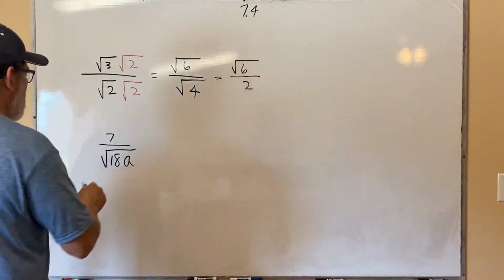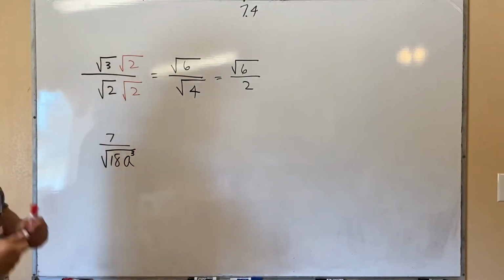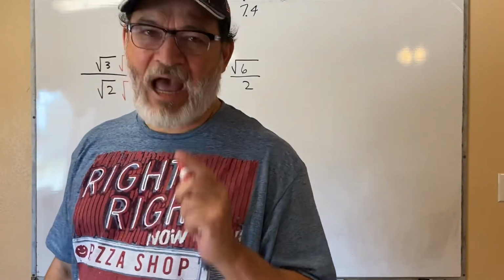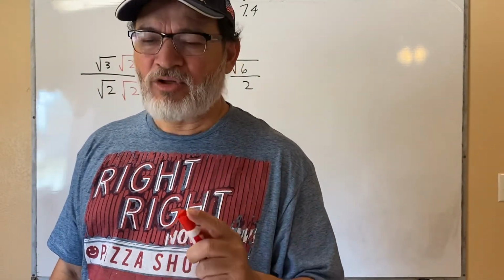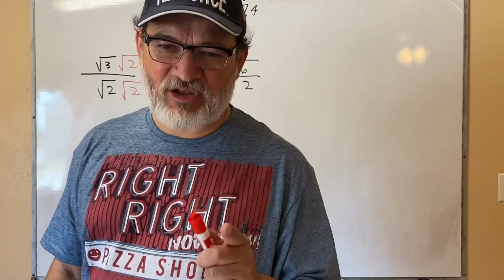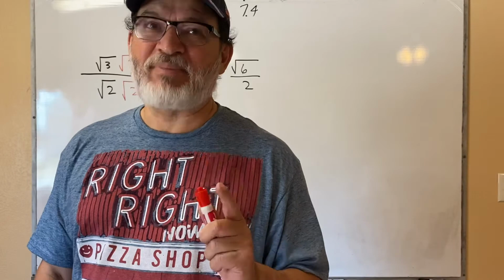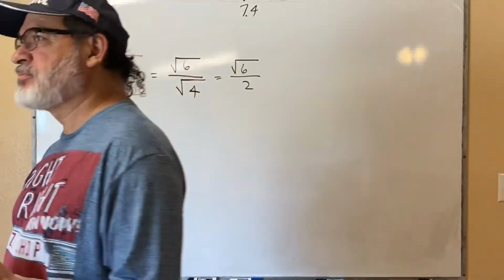A to the third. Remember, if you're going to simplify this, you should have no radicals in the denominator. You should have no fractions in the radicand. And it must be in simplest form.